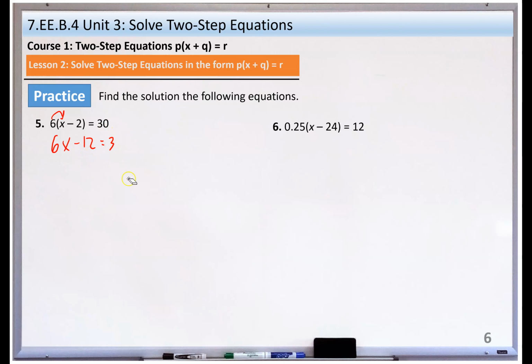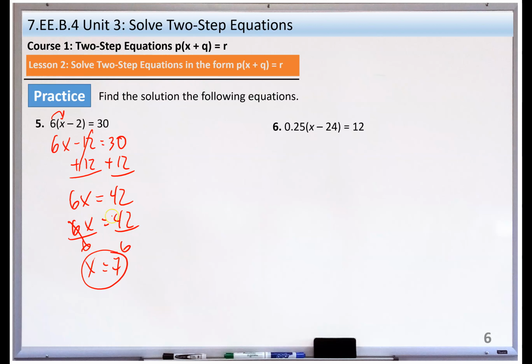Then we're going to add 12 to both sides. 6 times the number x equal to 42. Then we're going to divide both sides by 6. X equals 7. All right, you already saw it. Give me an answer for that one, please.